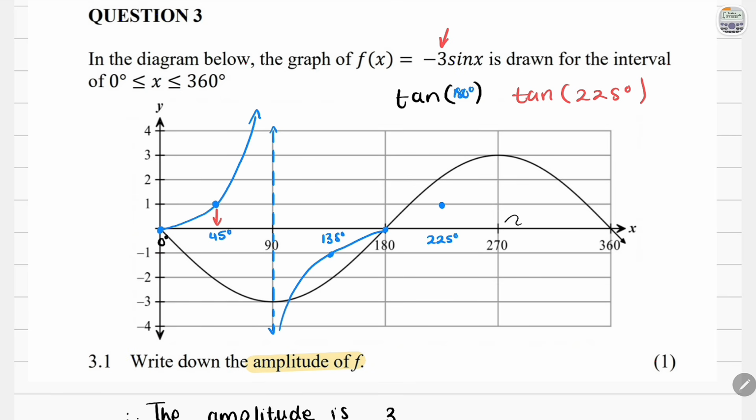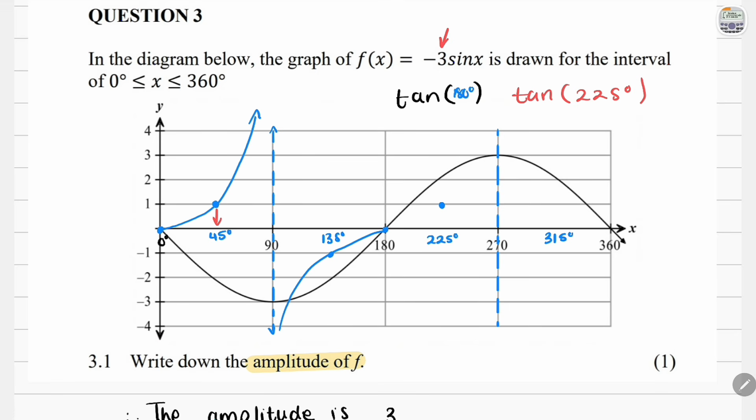Okay, so then at 270 degrees, if you try tan 270 degrees, you'll see that you have an asymptote again, because this asymptote repeats itself 180 degrees later. And then we go 45 degrees after 270, which is at 315 degrees.